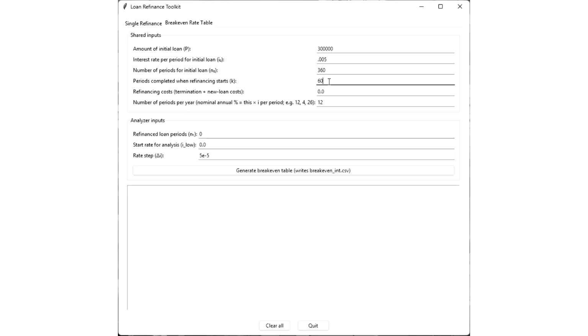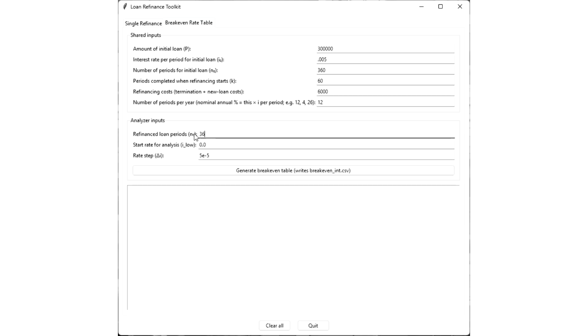And they decided to look into refinancing after 60 months, 5 years. And the refinancing cost was $6,000. The number of periods per year in this case is 12. We need this only because the output is going to be in terms of annual interest rates. So we need to put this information in here.